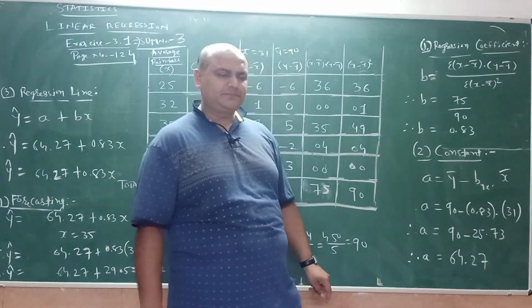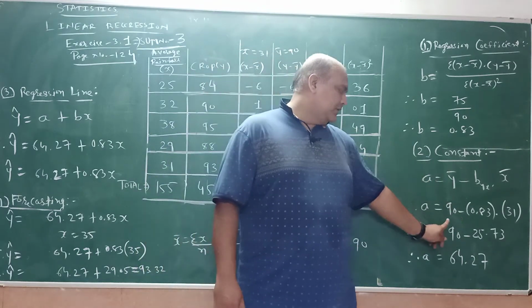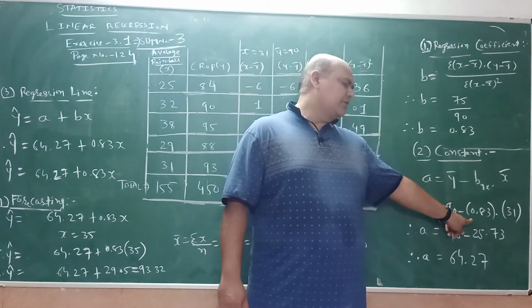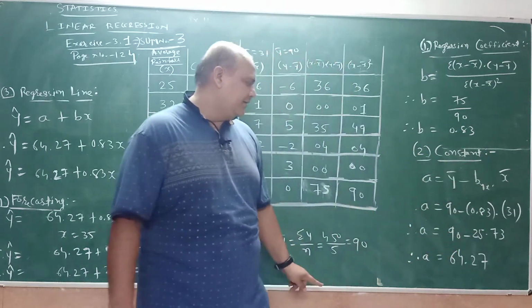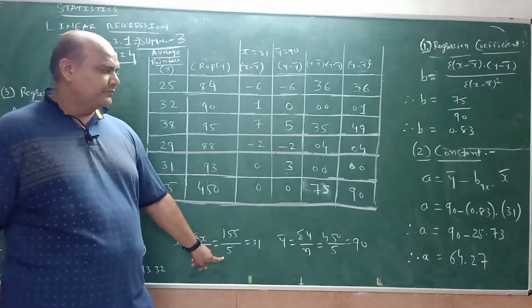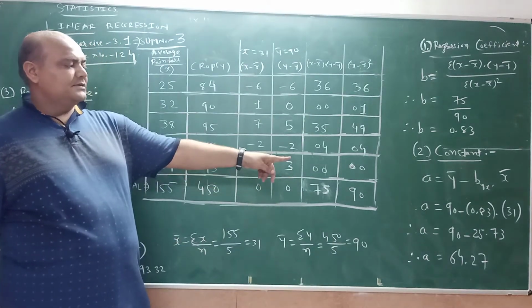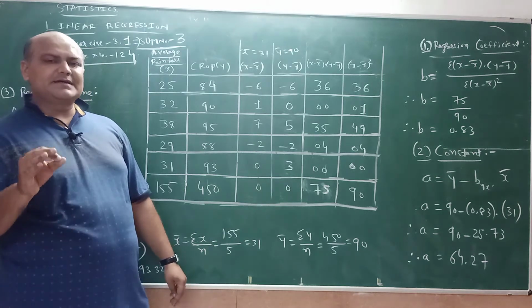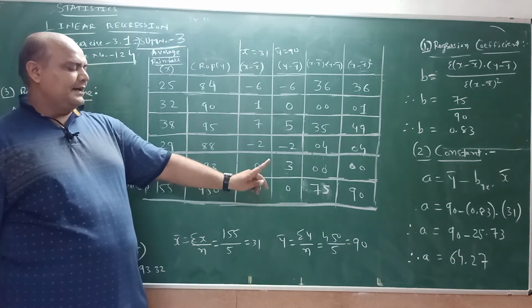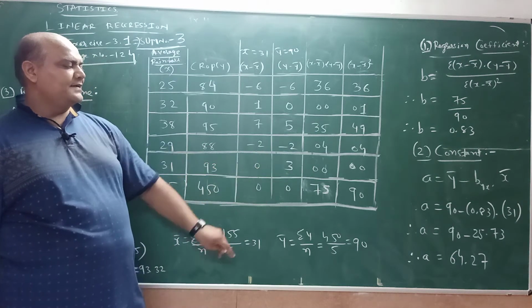So 90 minus 0.83 into 31, x bar is 31. 0.83 into 31 is 25.73.